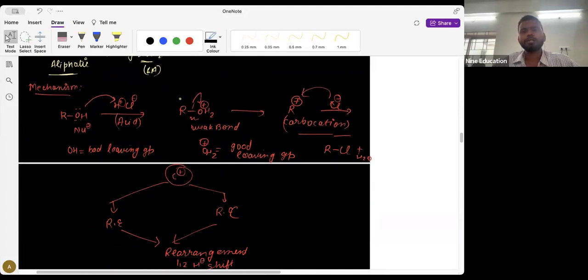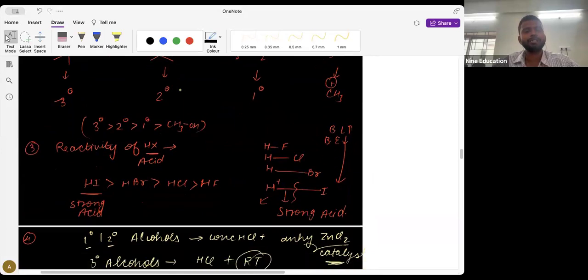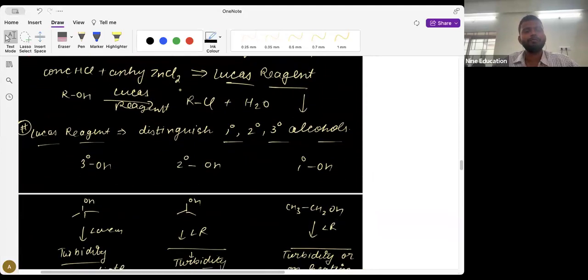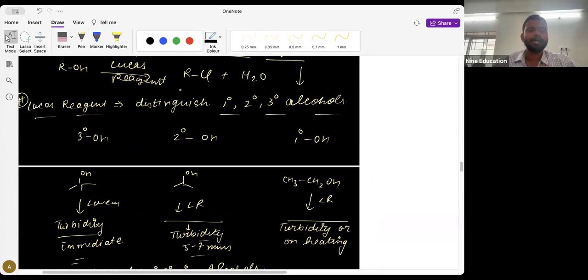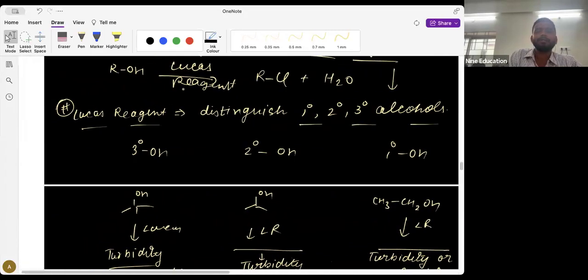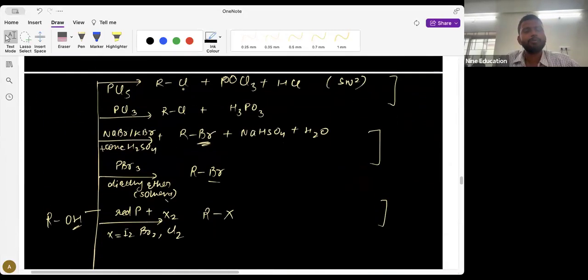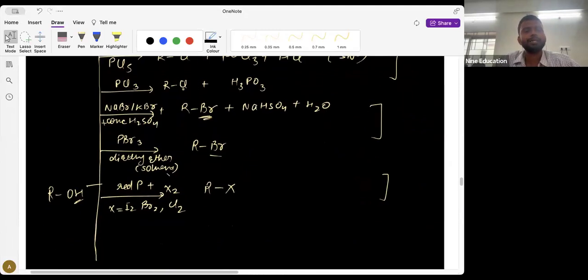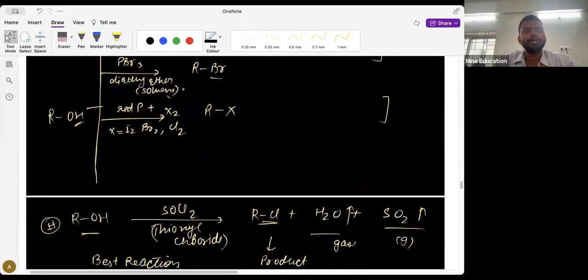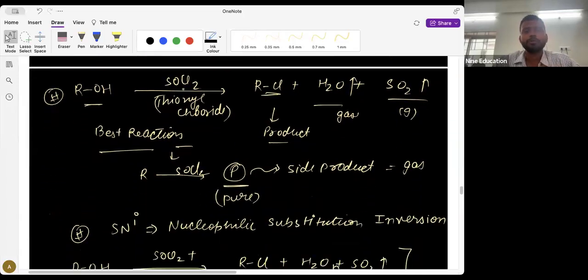The mechanism was given, a carbocation was made as the intermediate, SN1 mechanism it was. And then we have the Lucas test. We prefer the Lucas test to distinguish between 1 degree, 2 degree, and 3 degree alcohols. After this Lucas test, we came to make alkyl halides from PCl5, PCl3, NaBr, PBr3, red phosphorus and X2.